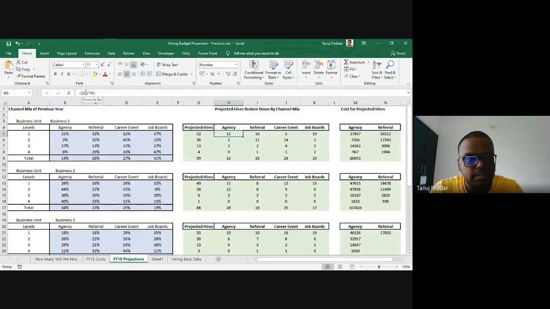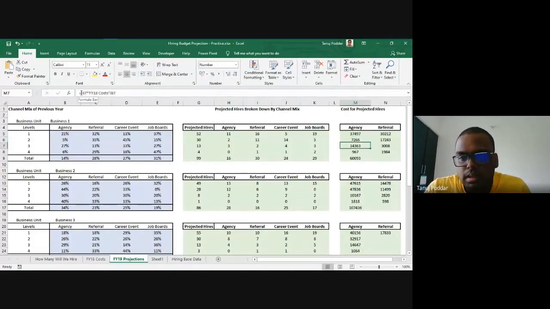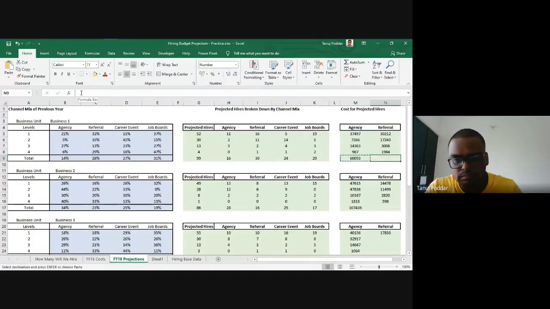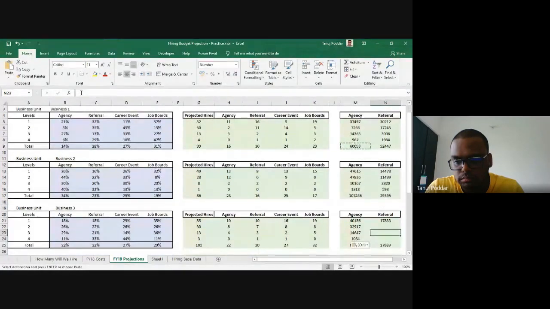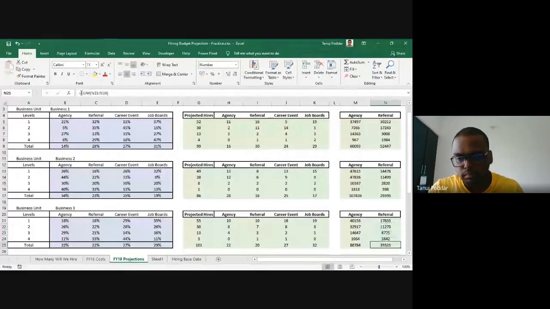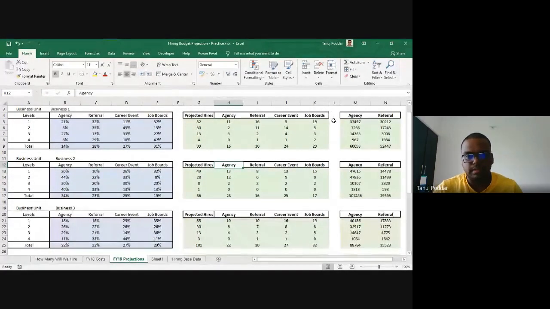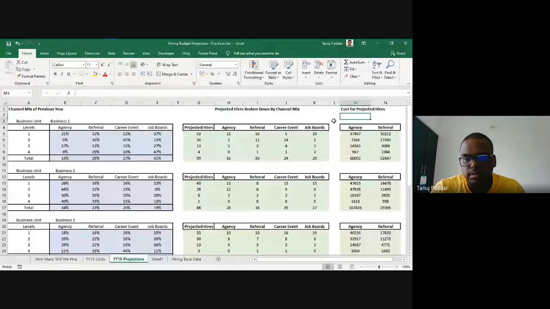We can also do the round off just by adding the round. Okay. All right, so just ping me in case you're done with populating all these different fields in this table. I think this one was anyways done, this table, the cost of projected hires.